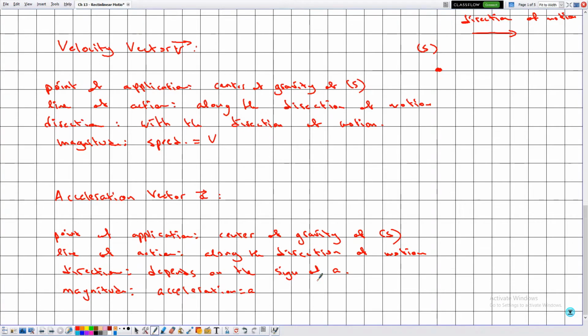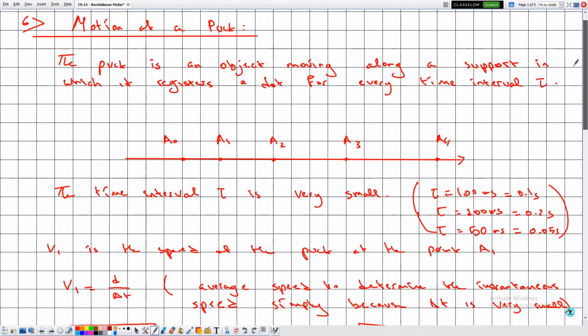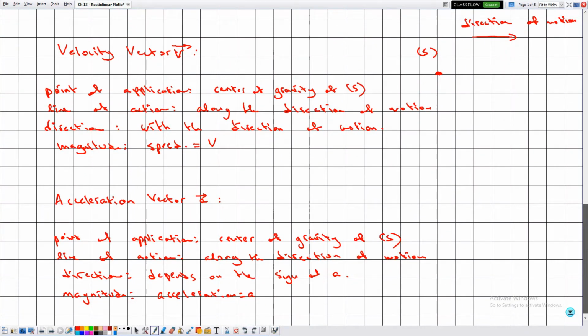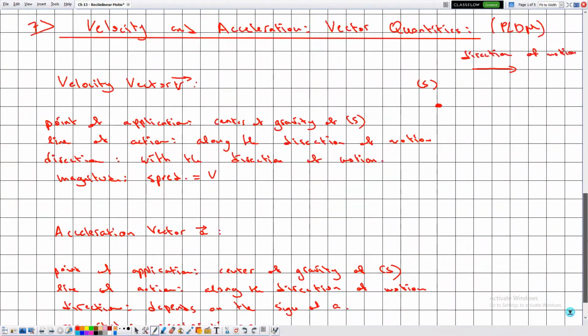Okay, so this is it for the explanation of this chapter. Now let's move on to the following exercises. This will be clarified during the exercises.